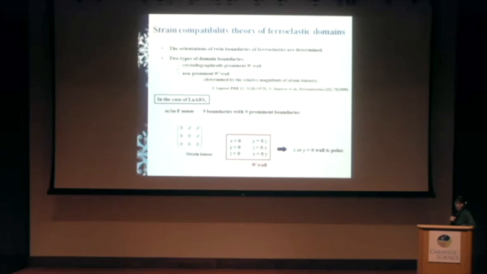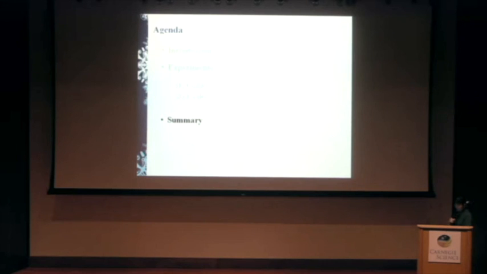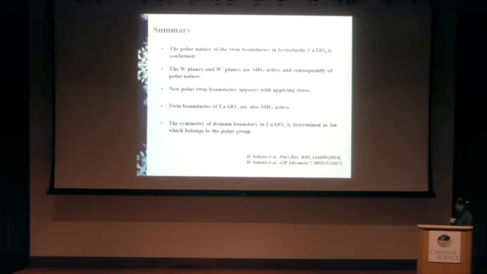In the case of lanthanum aluminate, because the phase transition is from 3m to mmm, there are 9 domain boundaries, and all of them belong to the W wall, which is permitted from the crystallographic point of view. And the domain boundary that we observed this time is the x equals 0 or y equals 0 domain boundary. So we confirmed that the domain boundary of lanthanum aluminate is polar in the case of the W wall domain boundary.